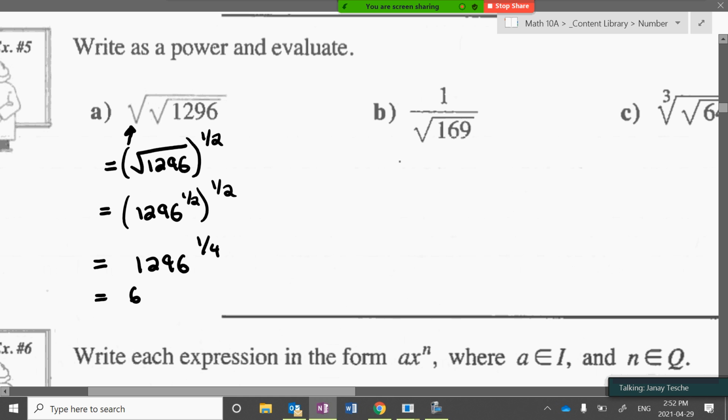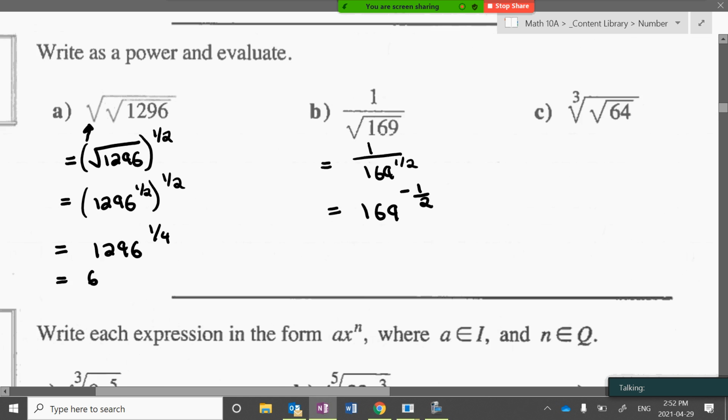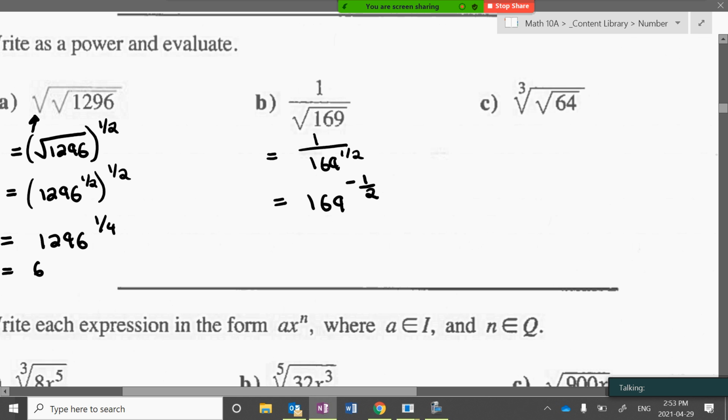This next one is going to be 1 over 169 to the power of a half, which then is 169 to the power of negative a half. This last one, again, you're working on your outside, working in.